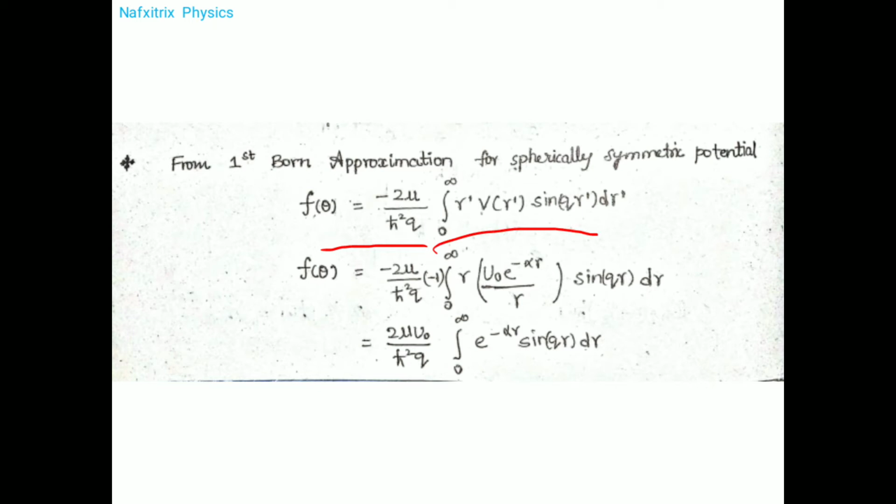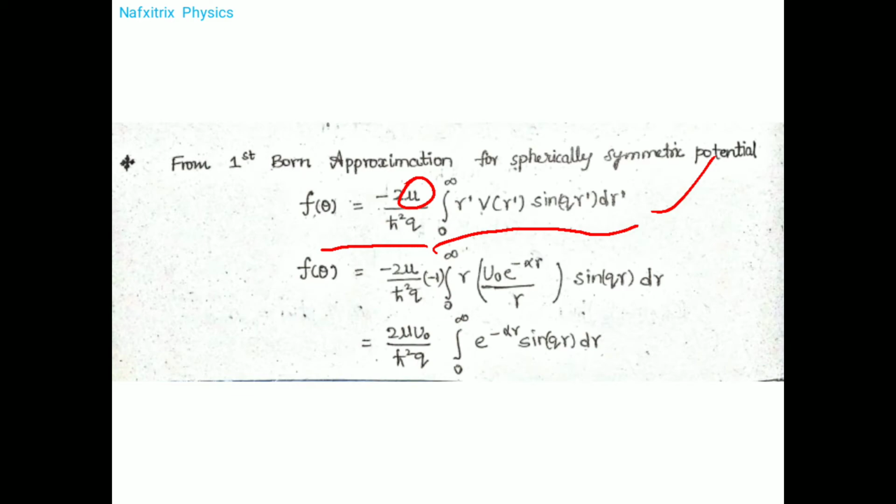Here mu is the reduced mass of the system. So this is the scattering amplitude formula.